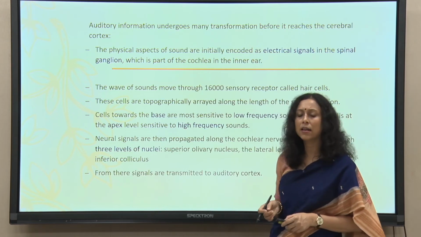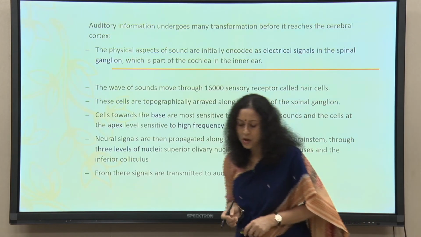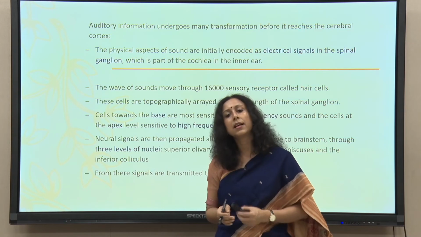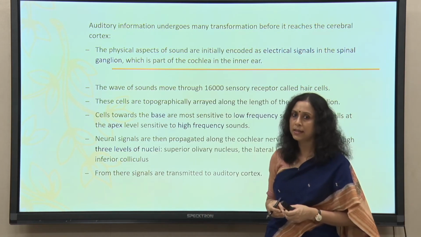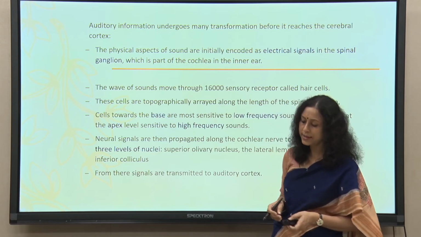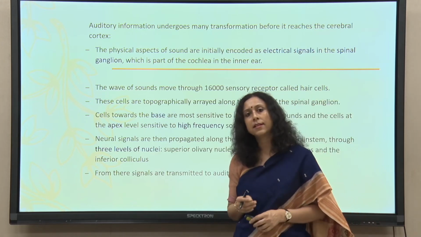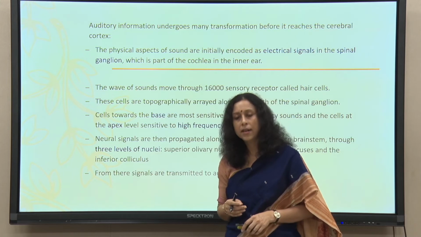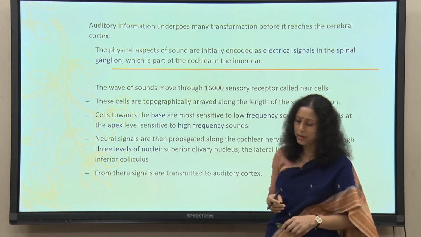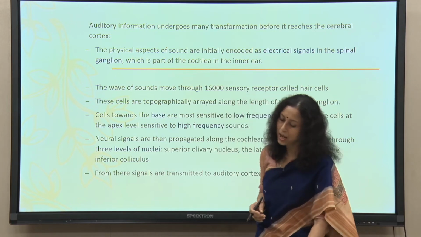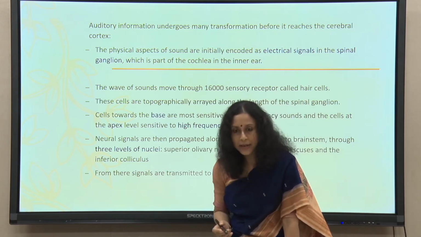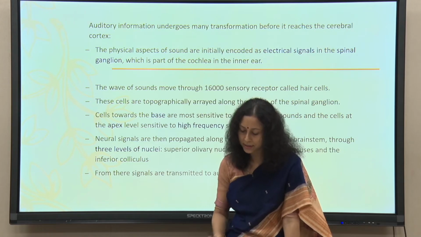So, starting with speech perception, we see how speech perception actually goes through various stages, starting with the inner ear and then going to the auditory cortex. It is a complex, multi-layered process, but we will look at the major points that are part of that processing here. It undergoes many transformations before it reaches the cerebral cortex.